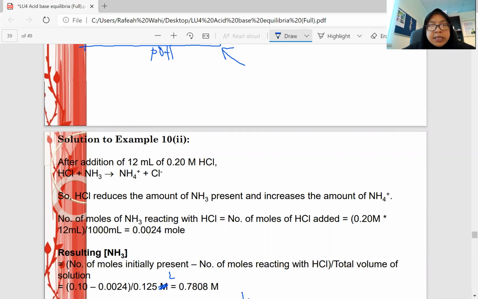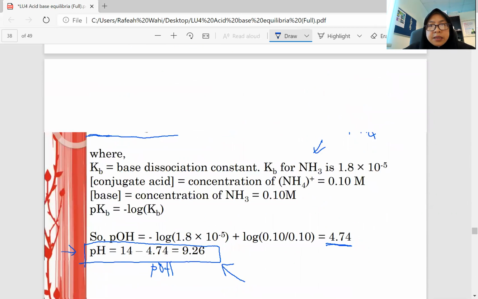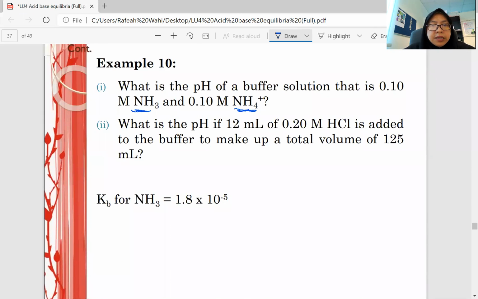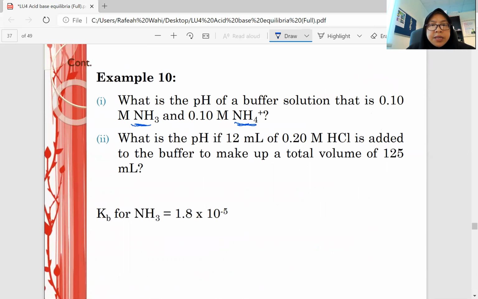Now let's discuss the solution to example 10 number 2. It's asking you what is the pH if 12 ml of 0.2 molar hydrochloric acid is added to the buffer.